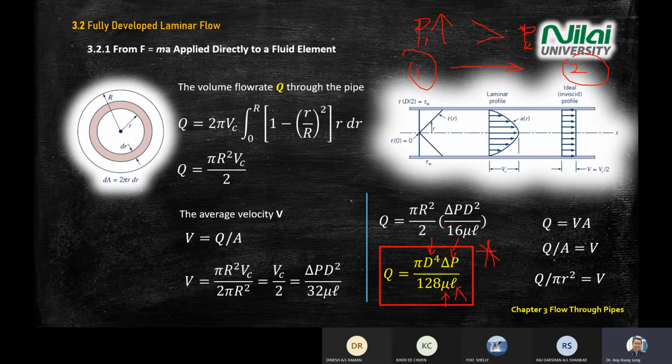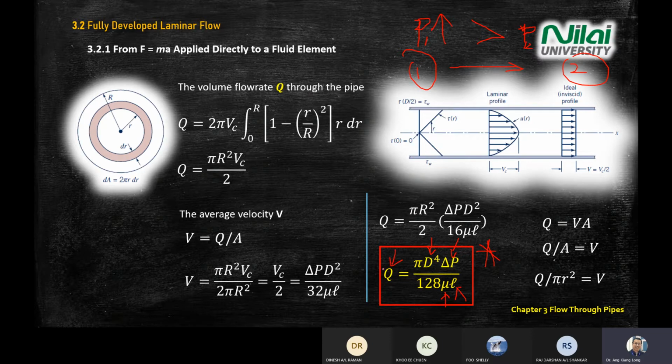The viscosity, if you increase or reduce, what happens to the Q? If you increase the length of the pipe, what happens to the Q? So by looking at this mathematical model, you are able to explain these 5 parameters, including the volume flow rate.